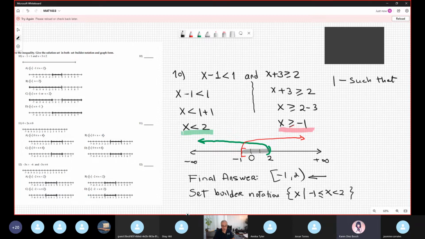Basically, you need to be aware of representing the answer for the compound inequality in different ways. Set-builder notation, this is the interval notation. And the last one is a graphic representation, this. So in my opinion, the correct answer is option A, correct? Cool or no?